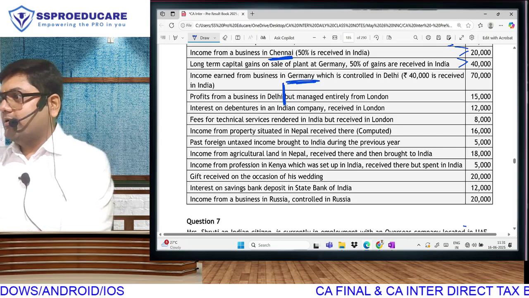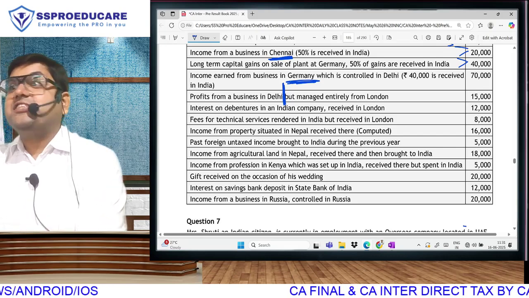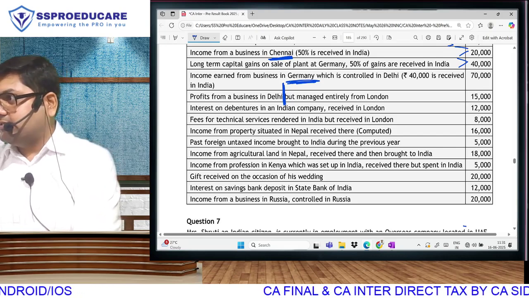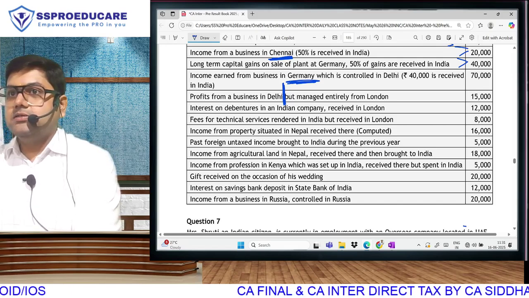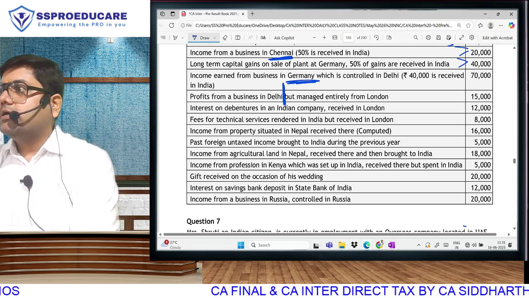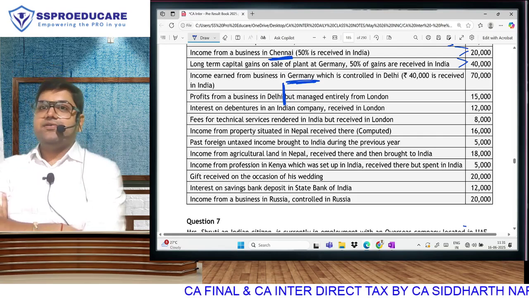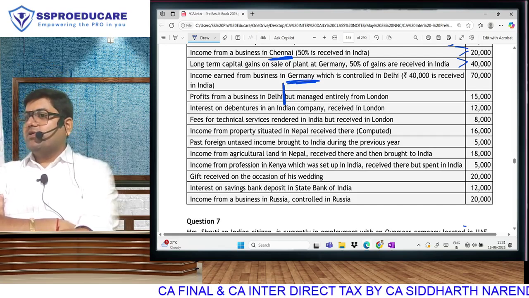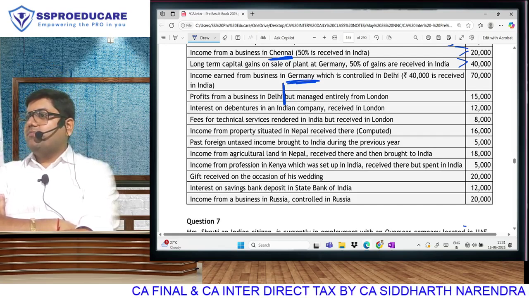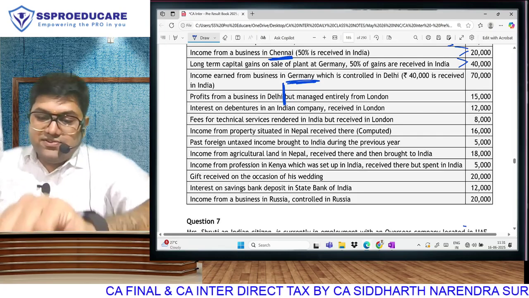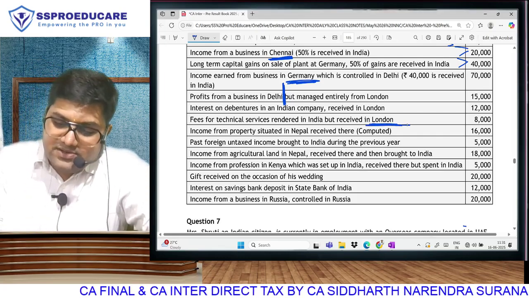The place where the receiver is using your service determines whether it is Indian income or foreign income. You understood? The receiver is utilizing your service where?